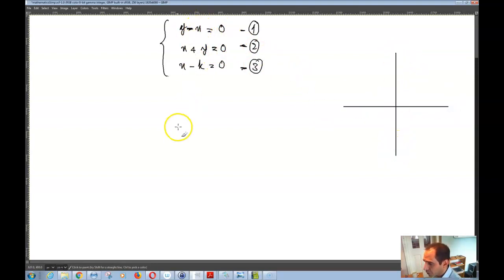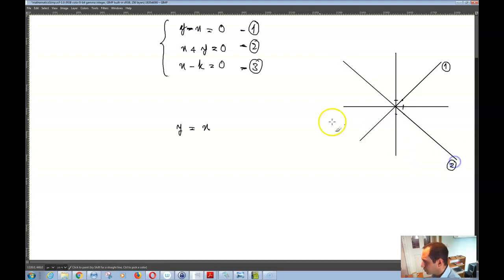Now over here I have y is equal to x, number 1. So y is equal to x is basically this line over here. It's a line with a slope 1. This is y, this is number 1. Number 2 is y is equal to negative x, which is basically this line over here with a slope negative 1.